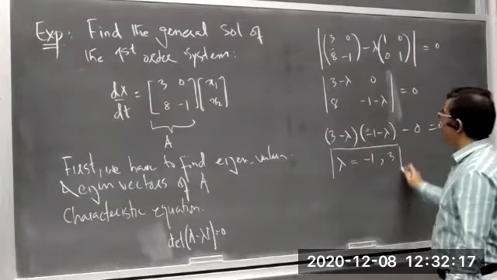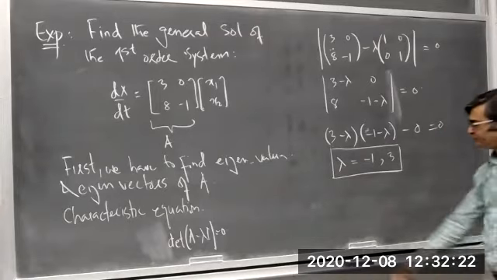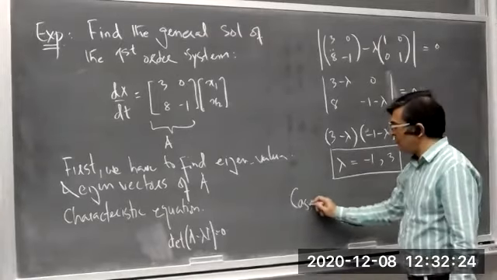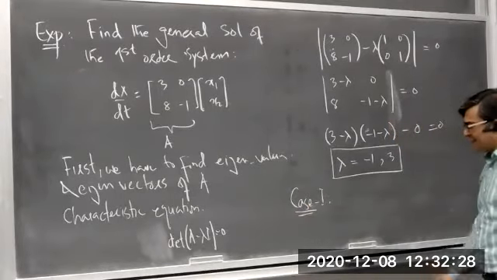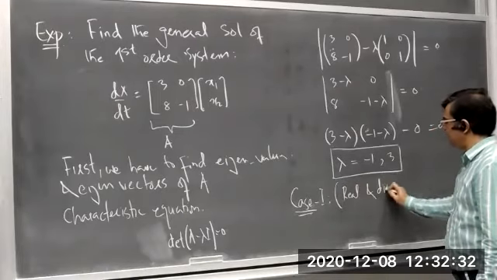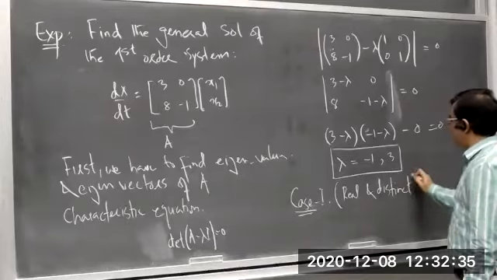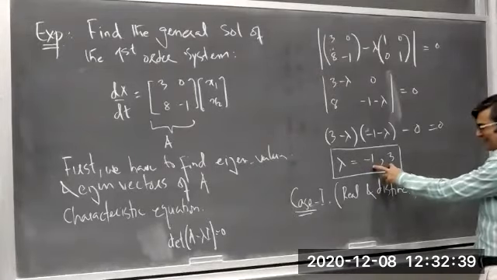We obtain 2 eigenvalues. Now, case 1 is when eigenvalues are real and distinct. You can see that the eigenvalues are real numbers and distinct here.